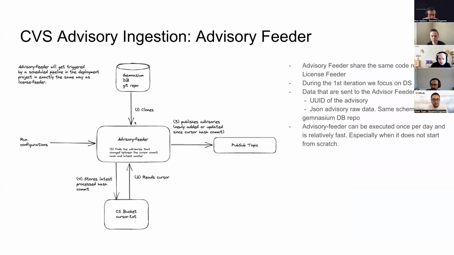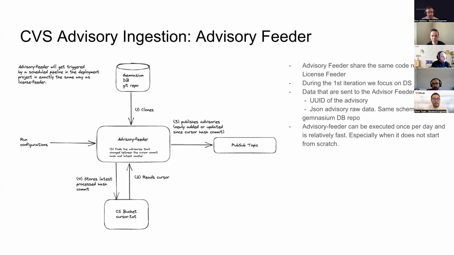So that means that we have some run configurations where we can pass some options like log levels, or which internal bucket we want to talk to, or the PubSub topic. So very similar run configurations as the license feeder. And of course, this is normal because, as I mentioned, the advisory feeder shares exactly the same code repo as the license feeder.